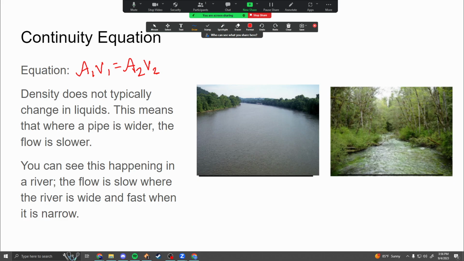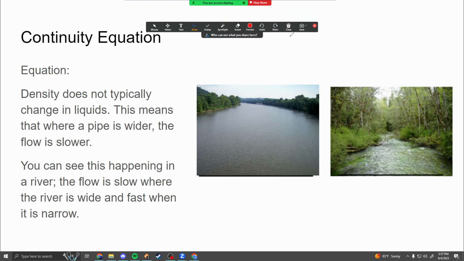You could see that in a river. Where the river is wide, you could see it's very slow. The water is not going to move a lot. But if you have an opening in the river where it's narrow, the water's going to flow a lot faster than in the wider river on the left here.